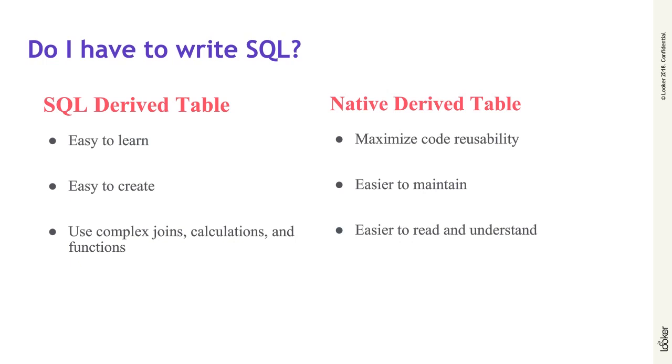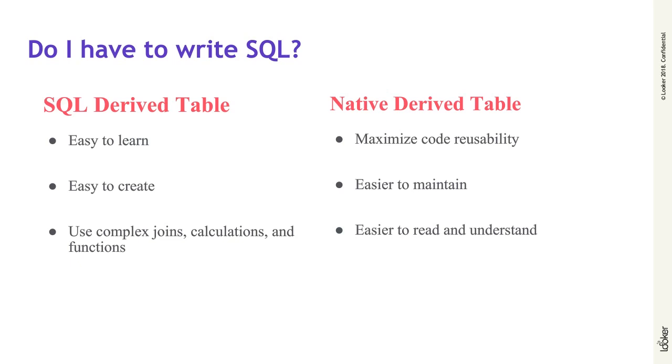And we know we don't have to maintain this code anymore because I'm just referencing LookML objects, whether it's explores or dimensions from the views within an explore. I'm just referencing them in my derived table definition. So if those definitions change for some reason, it'll automatically be reflected across all of my native derived table references.